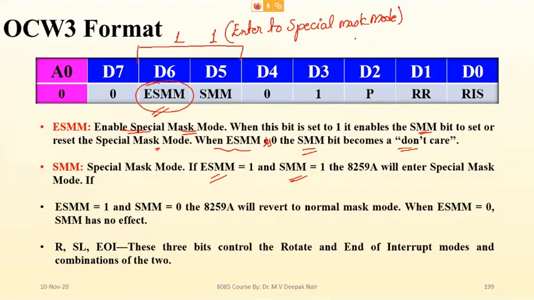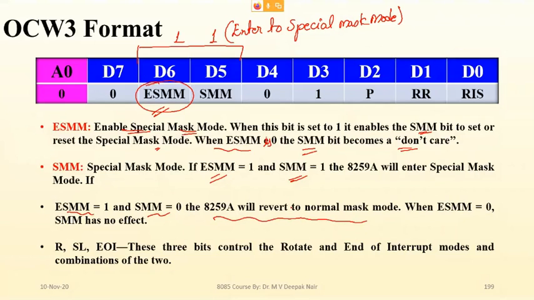So if both bits are 1, the 8259 will enter into special mask mode. We will check what special mask mode is. If it is 1 0, the 8259 will revert to normal mask mode.